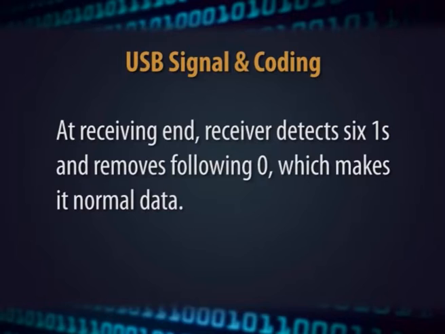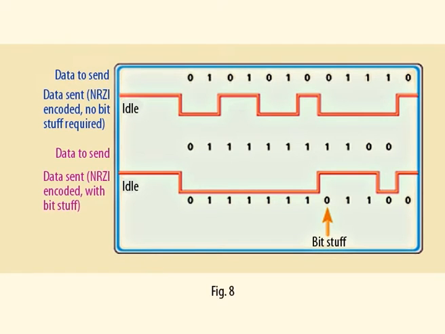To take care of this anomaly, the transmitter hardware detects 6 consecutive ones and after that inserts a 0 deliberately to introduce a transition. At receiving end, receiver detects 6 ones and removes the following 0, which makes it normal data. Figure 8 shows insertion of a single 0 after 6 ones.